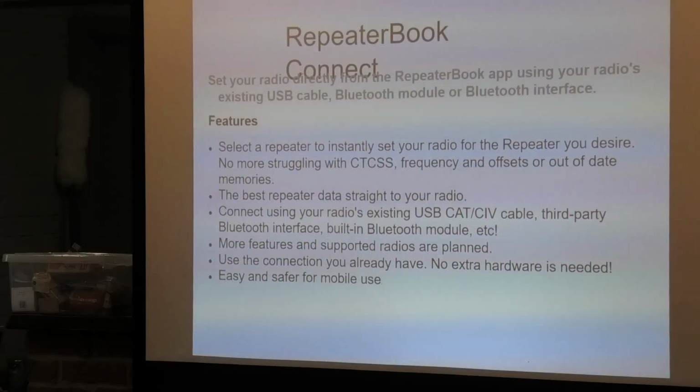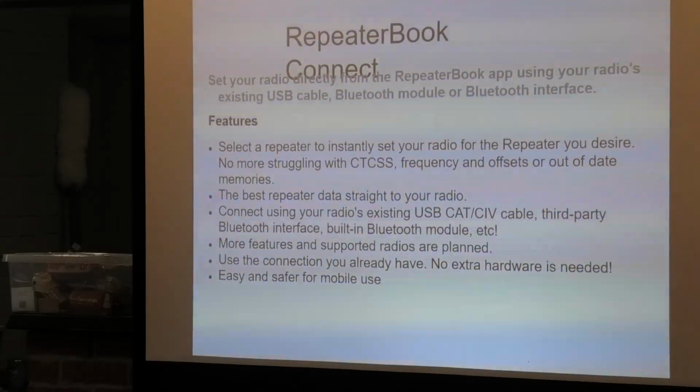So what I'm moving to now is moving away from making my own hardware, BlueCat, to hook onto other radios, but moving on to the idea of using what's already out there. So if you have a 991A, for example, that has a USB interface, then with RepeaterBook Connect, you can use your USB cable, plug into the 991A, and you can set the VFO on the 991A.